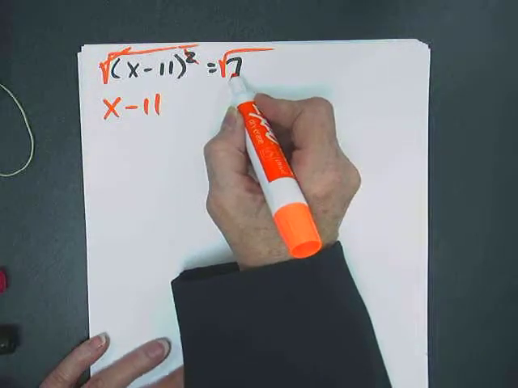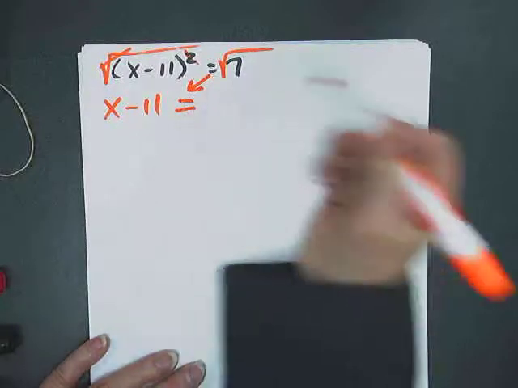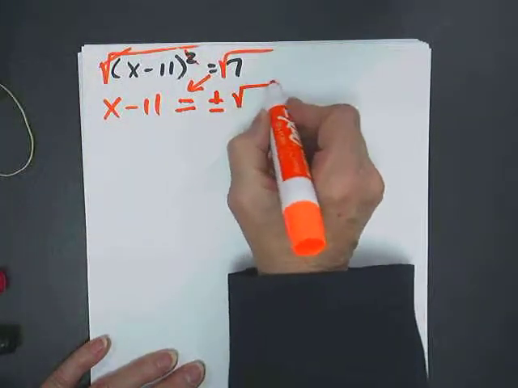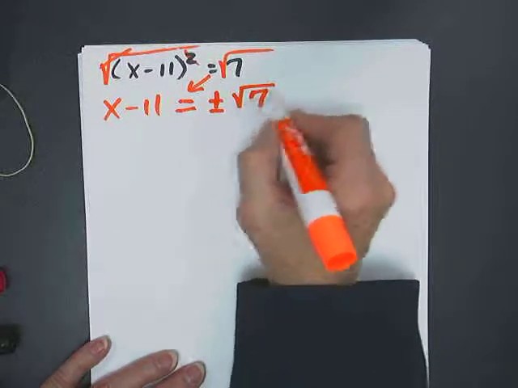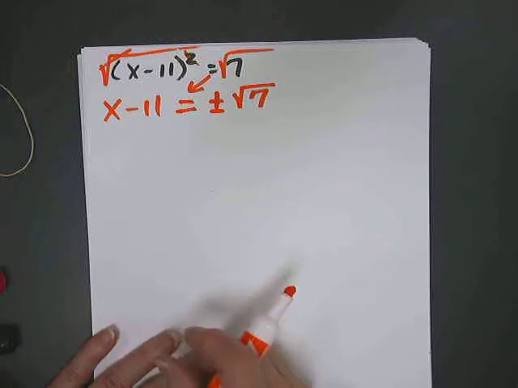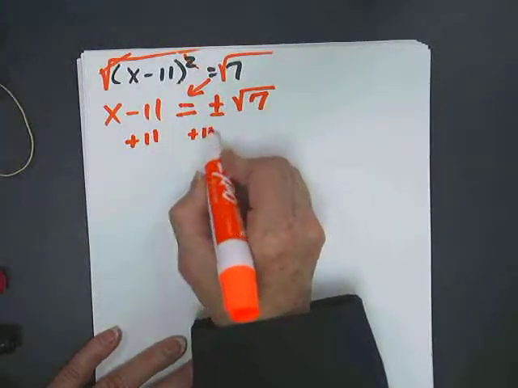Square root. Remember square root? You have to put the plus or minus. Don't forget to bring your equal sign down. The plus or minus square root of 7. That's not a perfect number, so just leave it like that for right now.